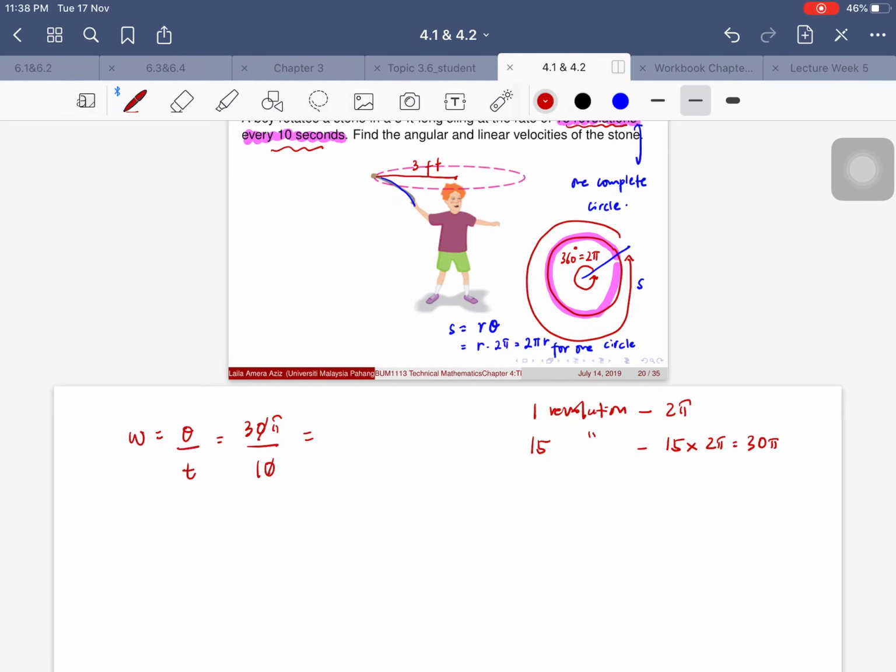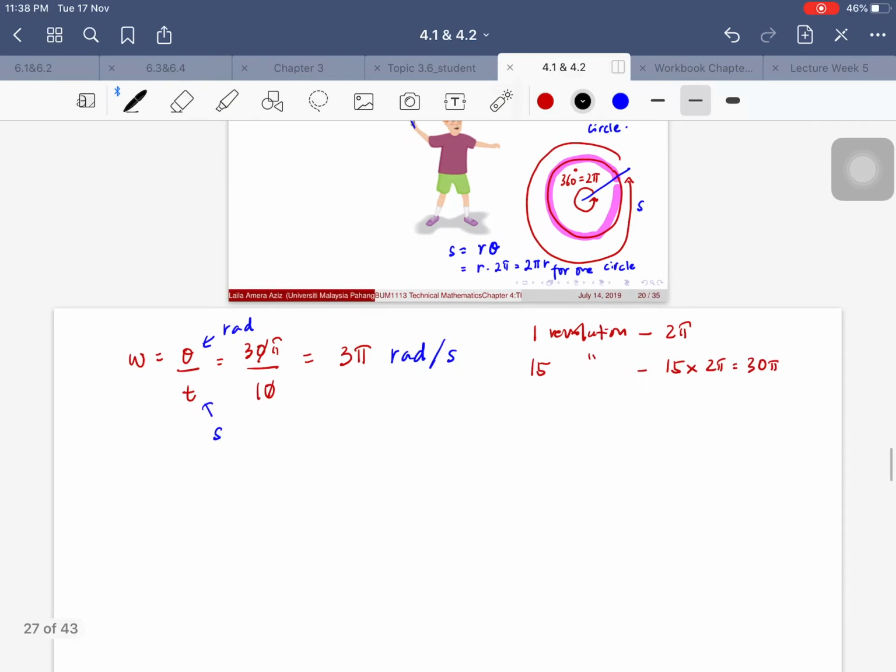Therefore, when I simplify this, I end up with 3 over 1, which is 3. So my angular velocity is equal to 3 pi. Okay, what is the unit of this? If you remember, theta is in radians and t is in seconds. That's why this is 3 pi radians per second. That is the unit for the angular velocity.